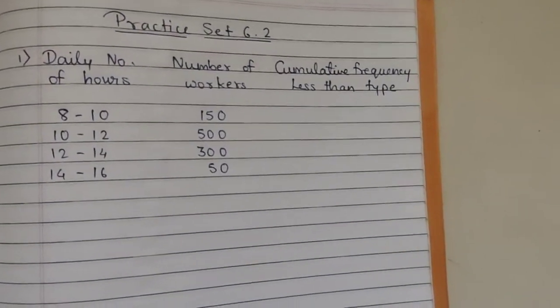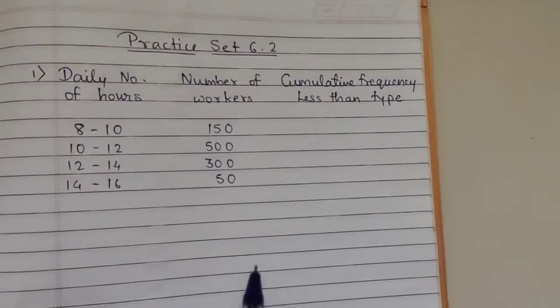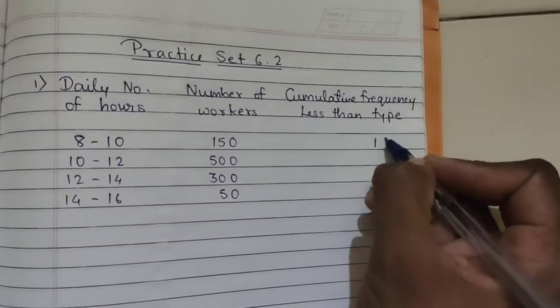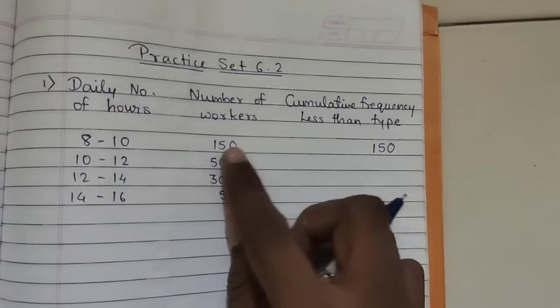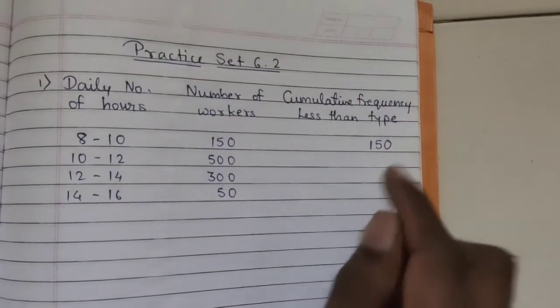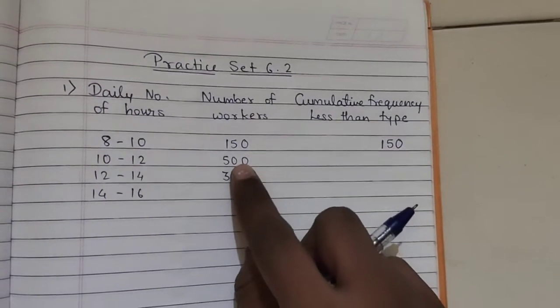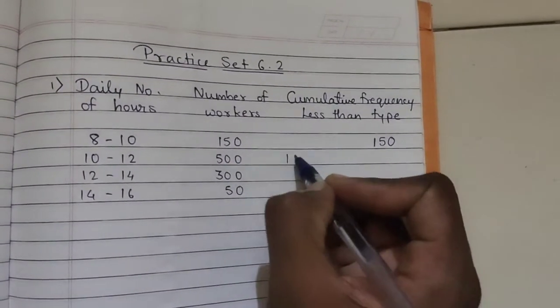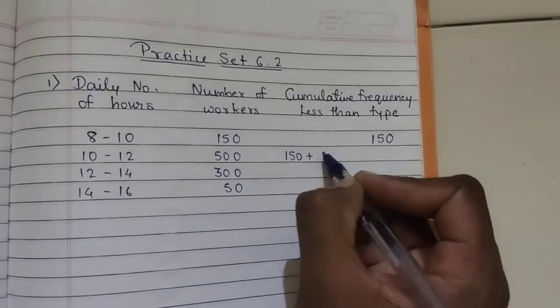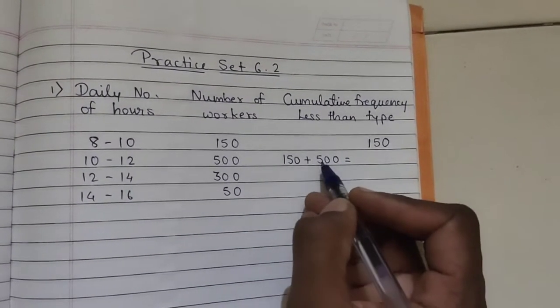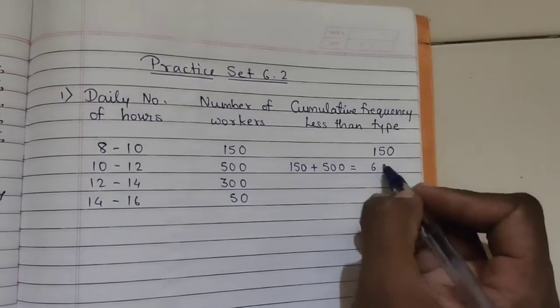Now we will learn how to make the cumulative frequency. Keep your first entry the same, that is 150. Now add 150 plus 500, and you will get 650.